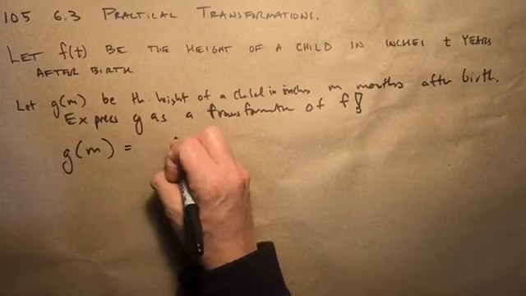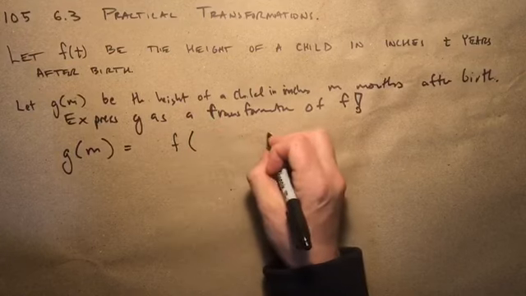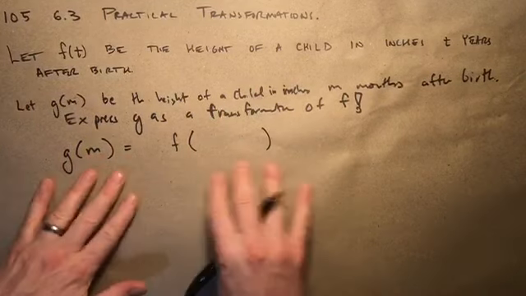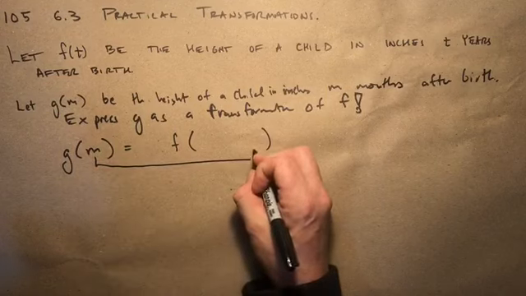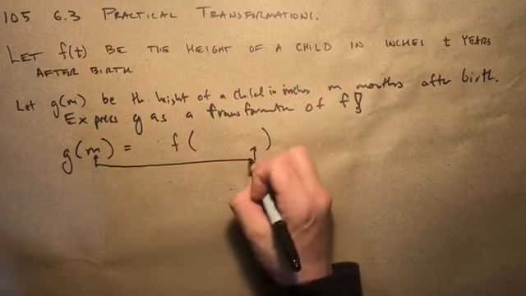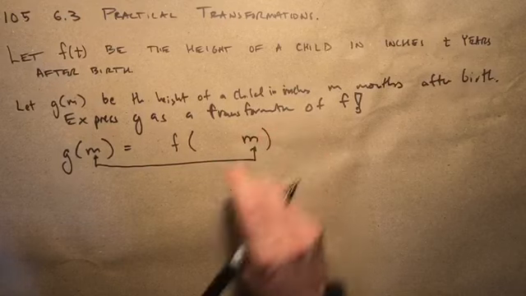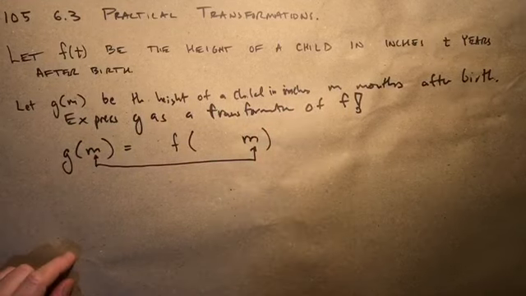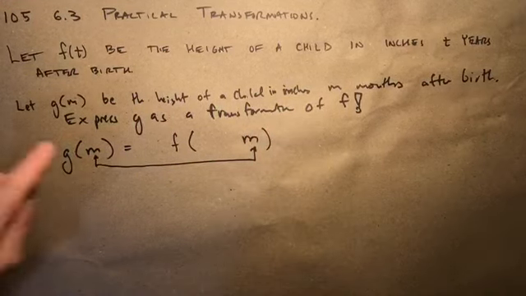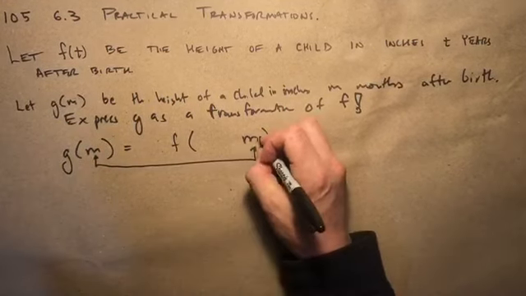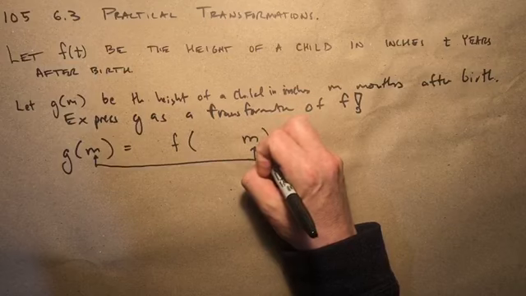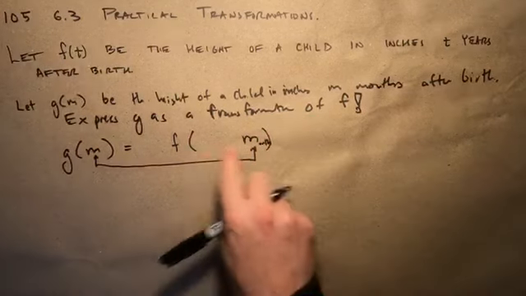This is going to be something to do with f, and I'm going to give myself a lot of dancing room here. But if I'm going to use an m inside one formula, I have to use the m inside the other. So now I put m in, but there's a problem. This m is in months. What goes inside of f?